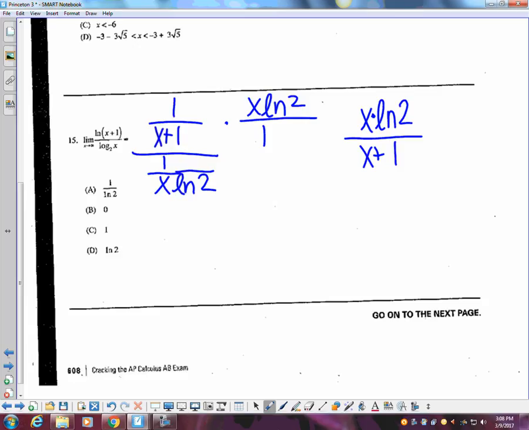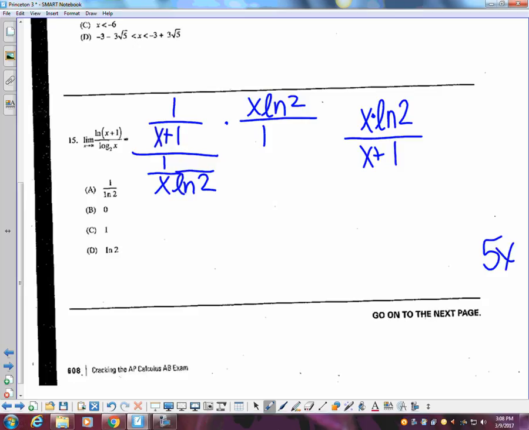Technically, ln of 2 is a constant. Do y'all see that? So what's the derivative of x times ln of 2? No, just ln of 2. So what's the derivative of 5x?